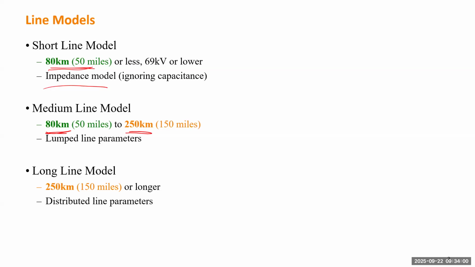For the medium line model, we can use lumped parameters, which means if we need to consider resistance, reactance, or shunt admittance to the ground, you can treat those parameters together as just a single element connected to somewhere on the line. The location doesn't really matter.